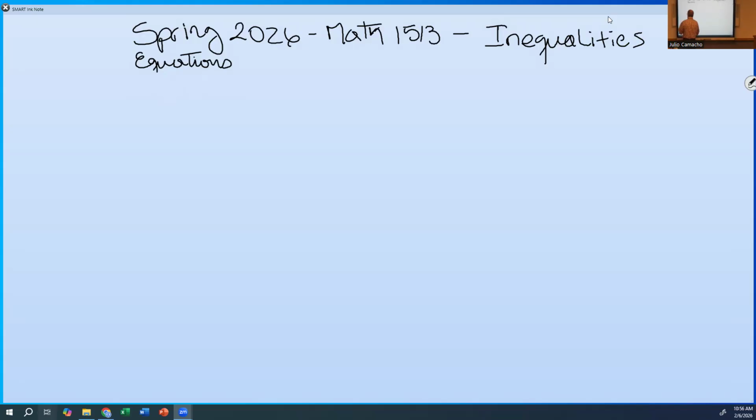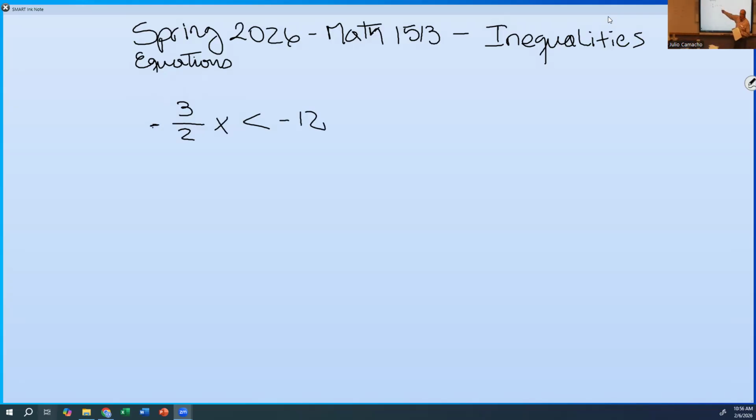Imagine that you have negative 3 halves x is less than negative 12.